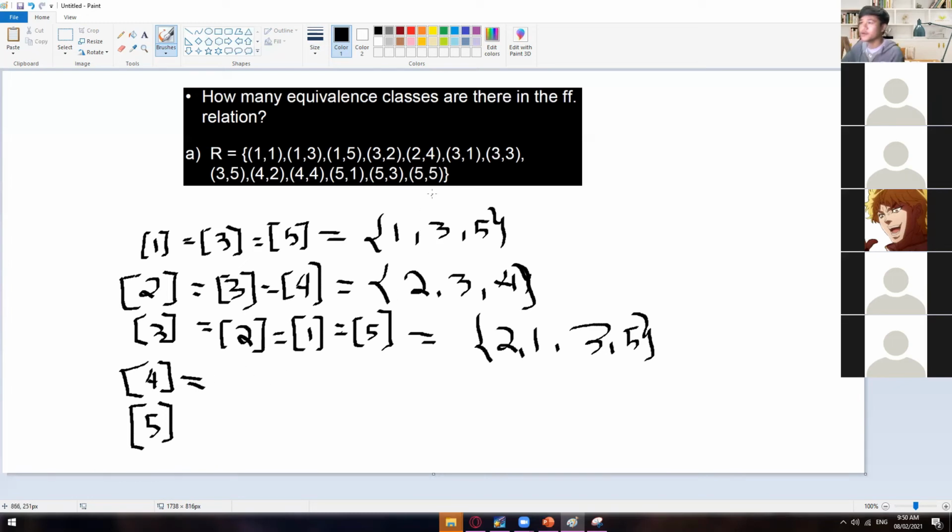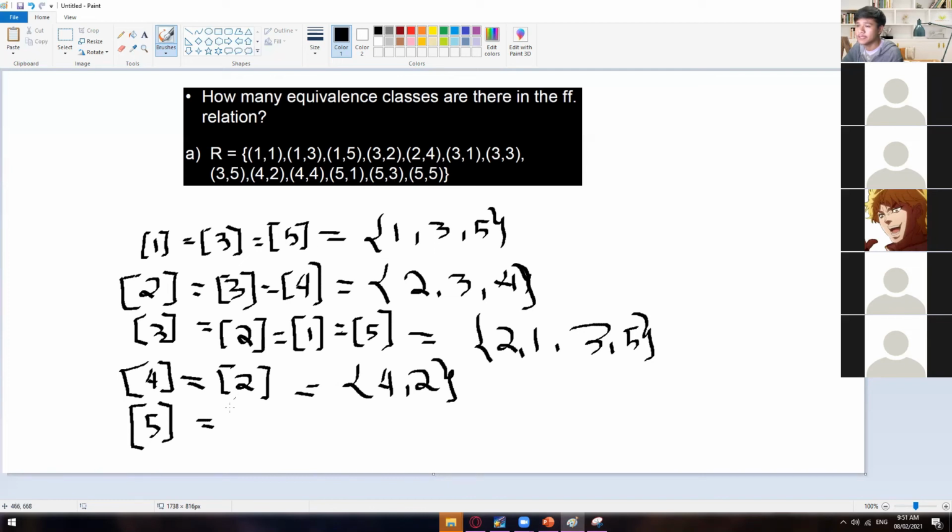All right, so how about 4? 4 is related with 4, which is one already. 4 is related with 2. And 4, we have 4, 1. We have 4, 5. So none. So from here, we could say that this is again another class wherein we only have two elements, which are 4 and then 2. Okay, how about 5?